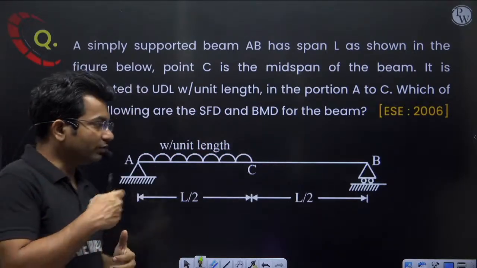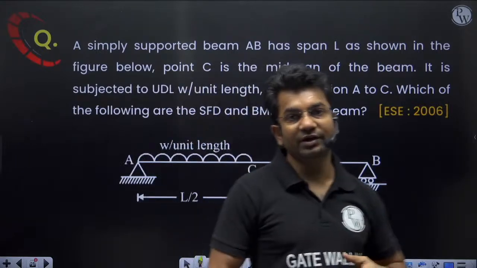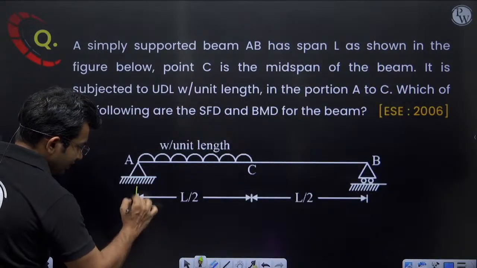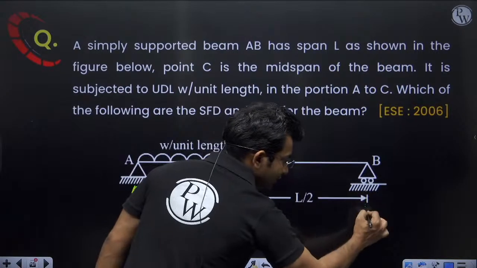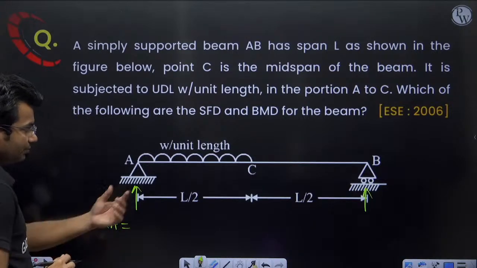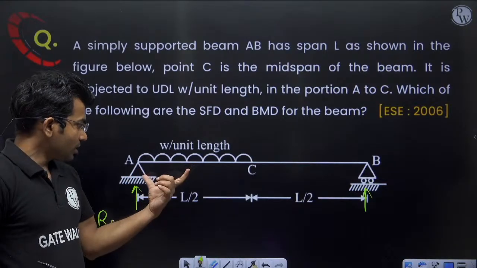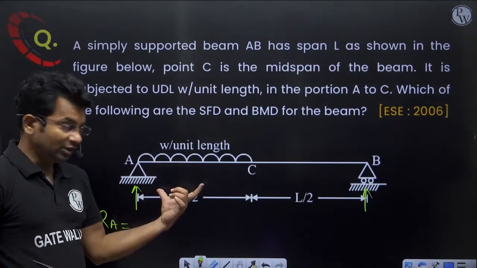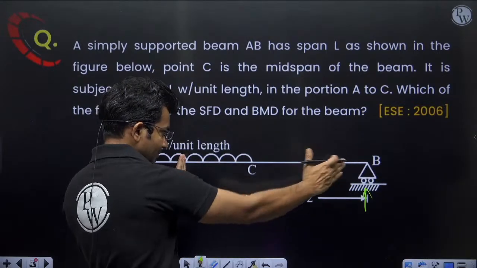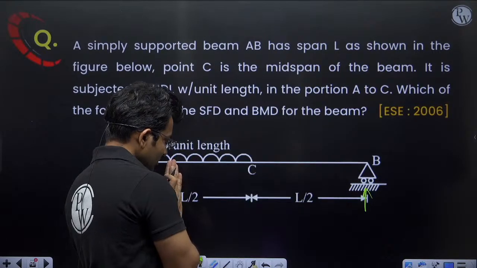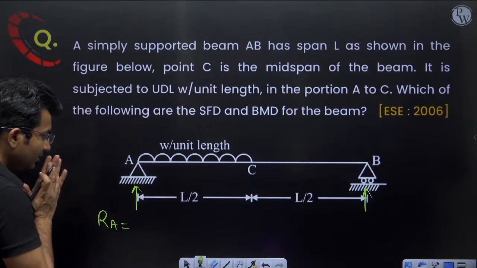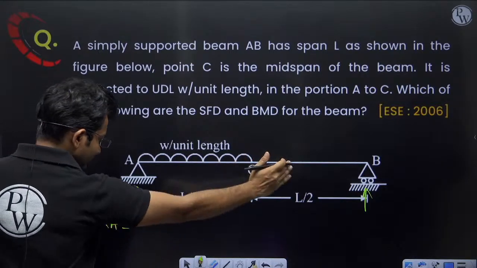If you want to find the shear force diagram, first we have to calculate the support reactions. What will be the support reaction at A? What will be the support reaction at B? So RA will be equal to the total load WL by 2 into the opposite length, which will be 3L by 4.